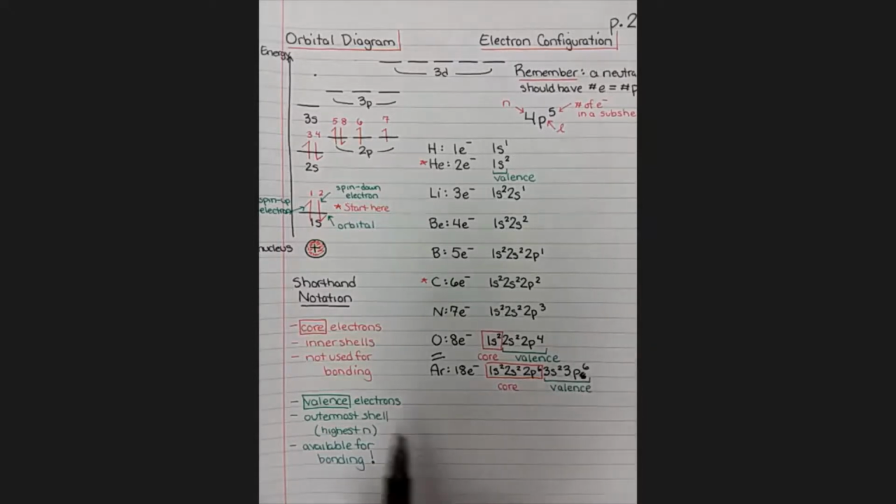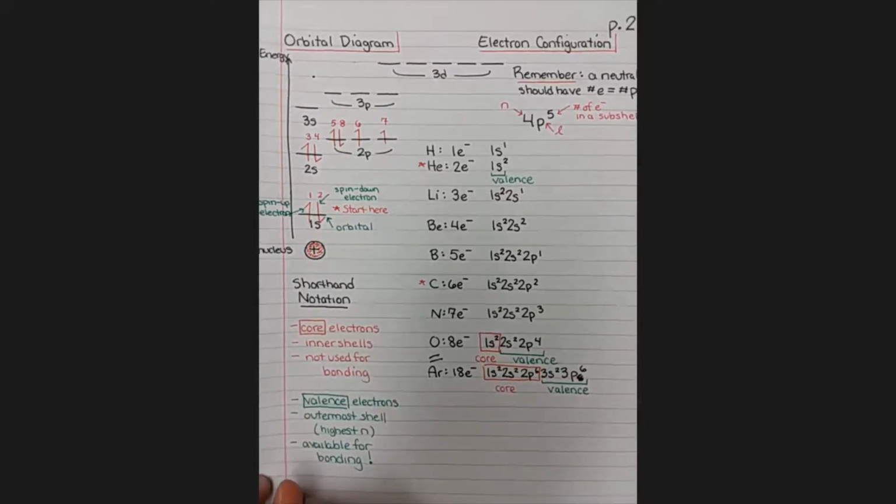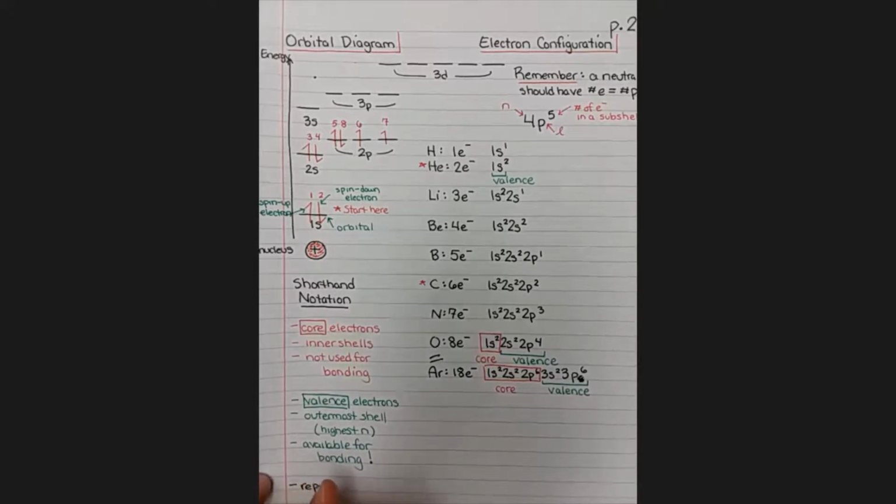So the standard notation is we're going to represent all of the core electrons as a noble gas. And the noble gases are in column 18, the very furthest right one on the periodic table.